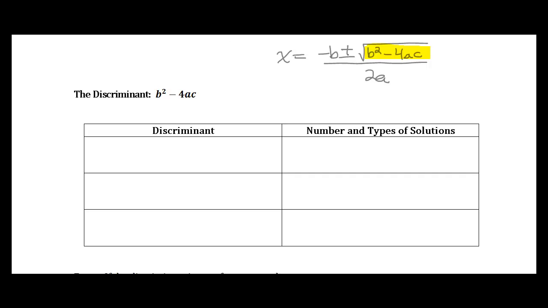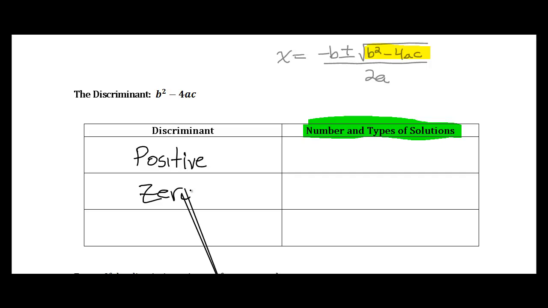It'll tell us the number of solutions we're going to have and the types of solutions we're going to have, all right? Let's look. I want to look at when my discriminant is a positive number, is equal to 0, and I want to look at when it is negative. All right, those are my three cases.